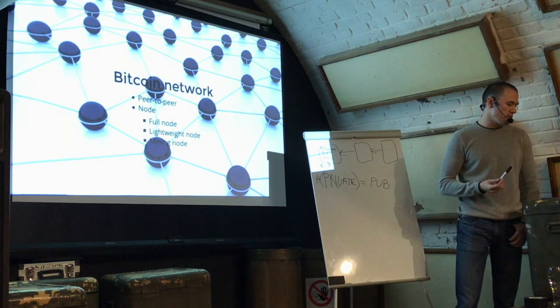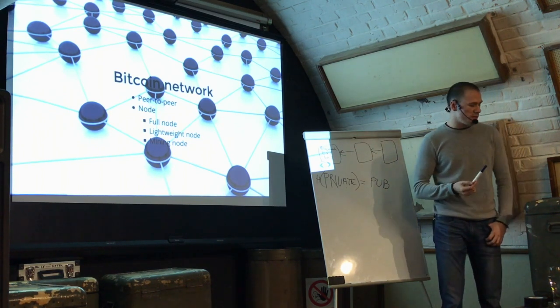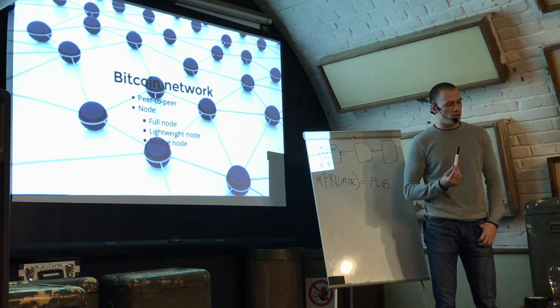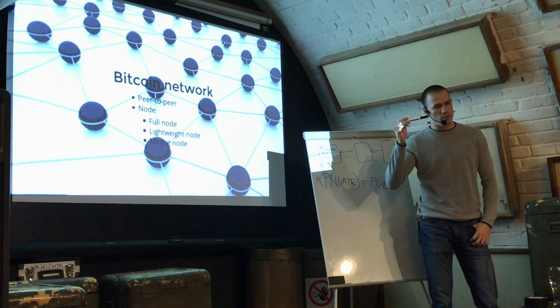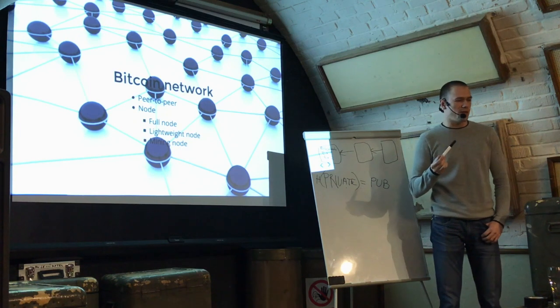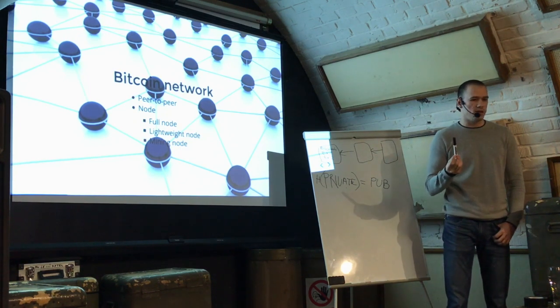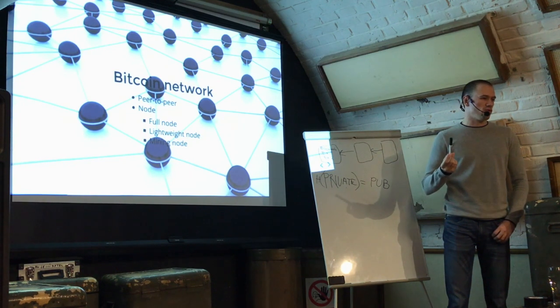And the next important thing to know is that there are several types of nodes. The first type is the full node. The full nodes are the nodes, the PCs that have the whole history of the blockchain written in their database. So that they are the independent nodes. They can work without any other node that provides information to them.